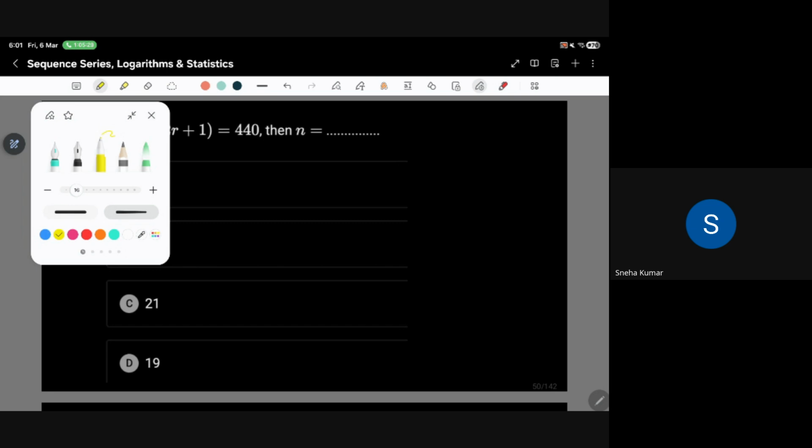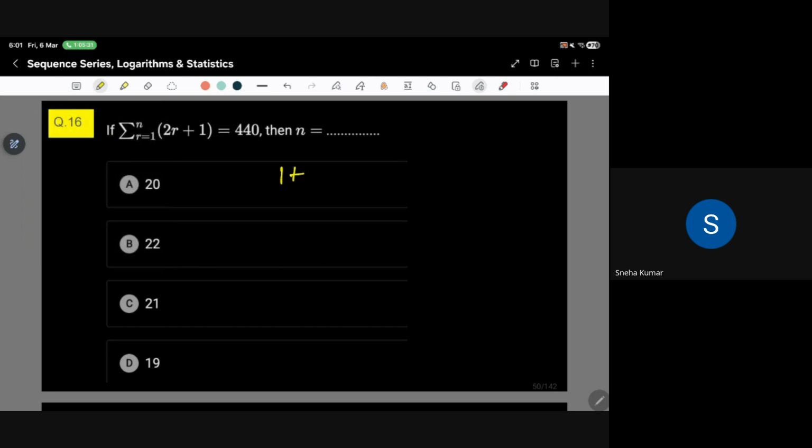Now see, we know the formula for the sum of the first n odd natural numbers, right? The formula is n square. If you open this thing, it starts with 3, 5, 7, and it will go towards 2n plus 1.